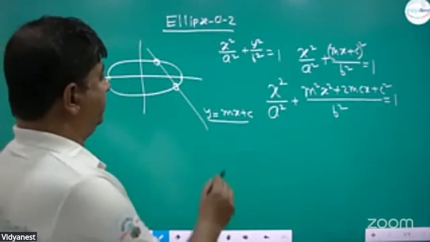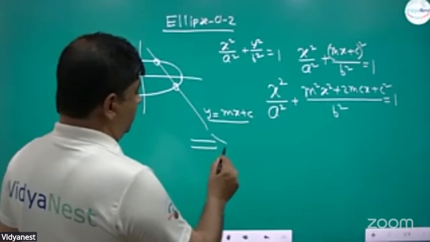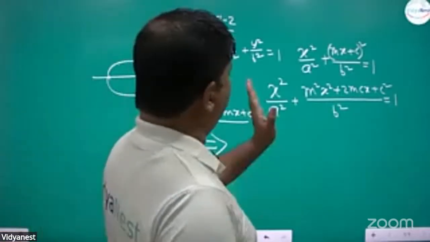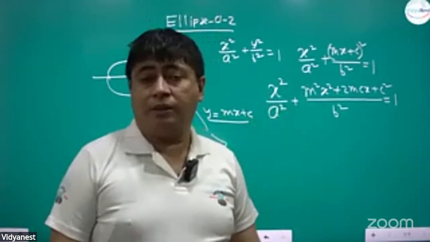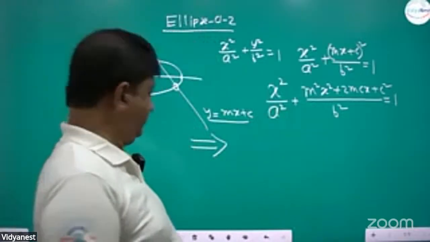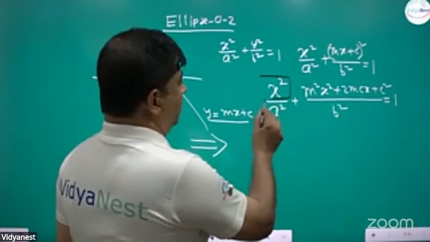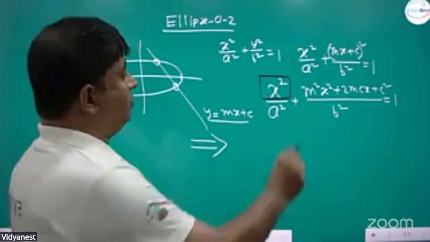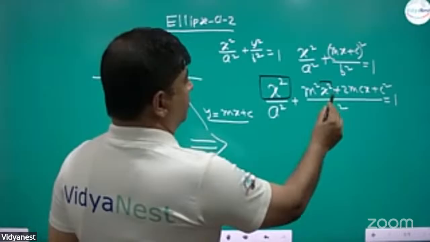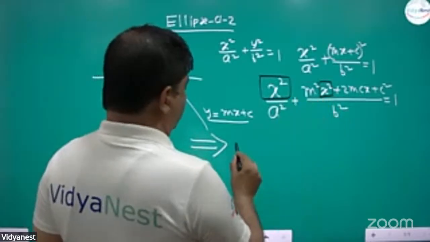Now, you do one thing. You separate the like terms. What is meant by like terms? Here you got x square, here you got x square. You make them separate.